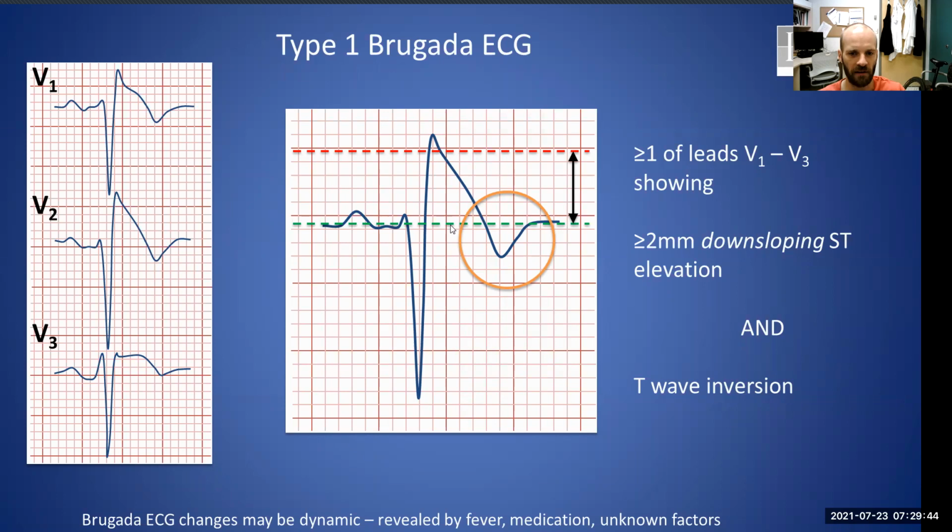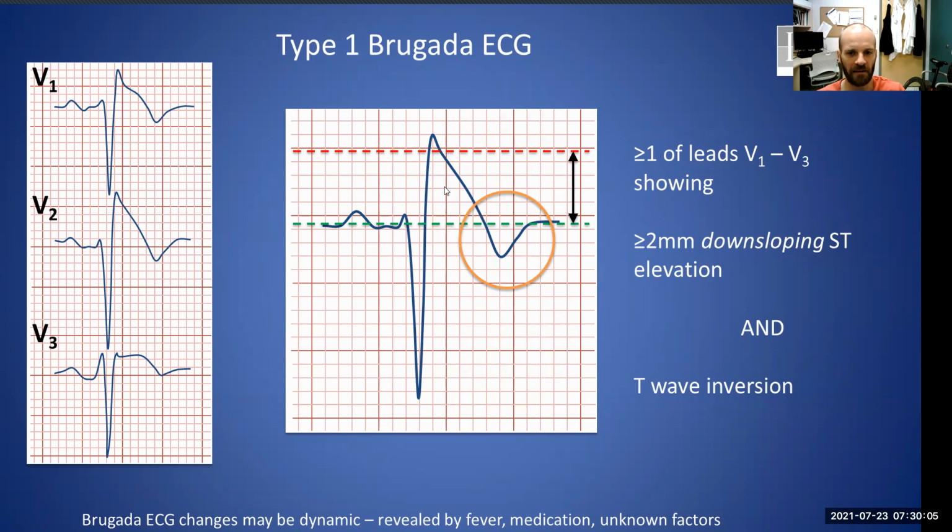It's a funny sort of pattern. You've clearly got ST elevation. Your J point, which is where the QRS complex meets the ST segment, is elevated, as is the ST segment itself, but it's downsloping. The ST elevation gets less the further away you get from the QRS complex.